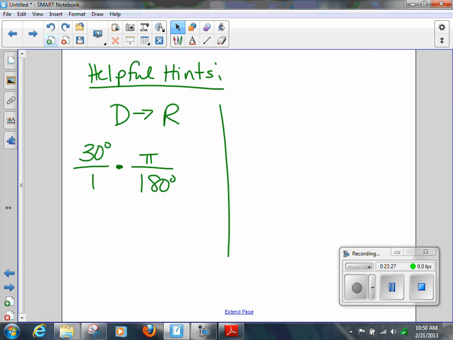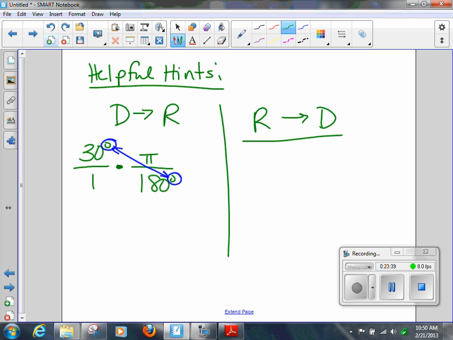Folks, I'm looking for the degree symbols on the diagonal. If I'm converting from radians to degrees, and let's say I start with pi over 4, then what do I want on the bottom of my conversion factor?